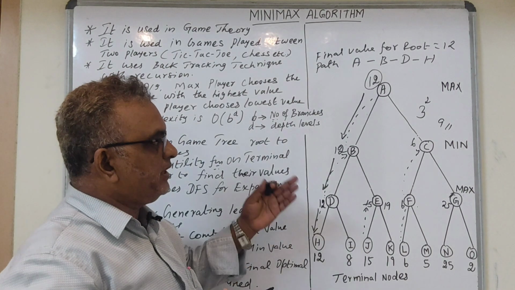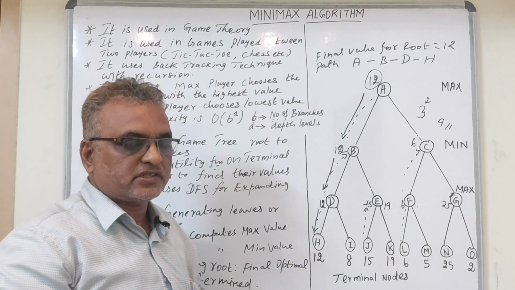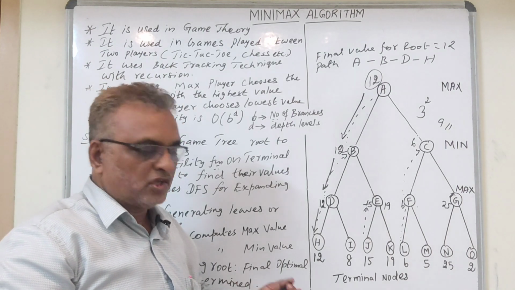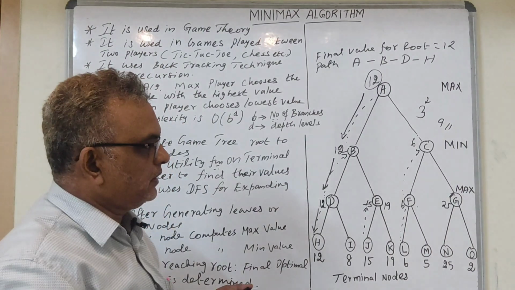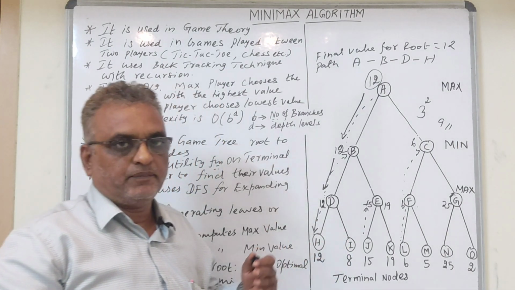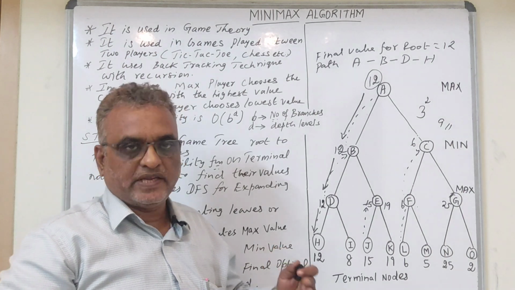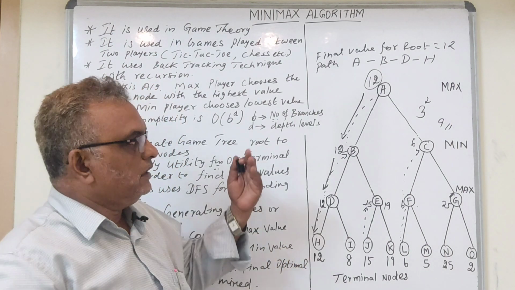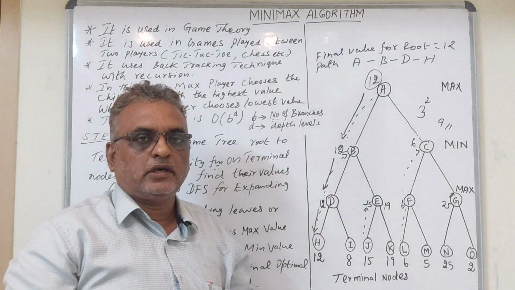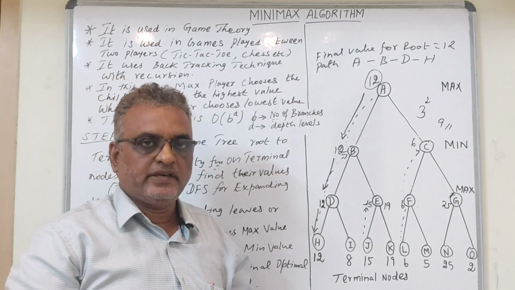So performing this search in games like chess is very vast, very huge. In order to reduce this time complexity and the number of state spaces, we can introduce a concept called alpha beta pruning, which we will discuss in our next video.